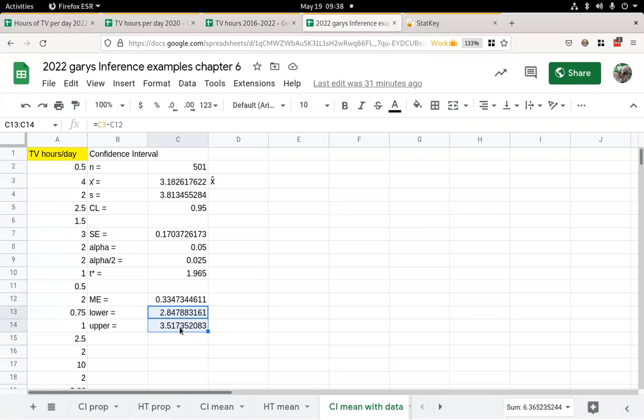What does that confidence interval mean? That would be what I think the average hours per day college students watch TV in general. Now these college students, if you look at the histogram, will have a different spread than that. This is our estimate for the population mean. All right, let's get rid of this data.